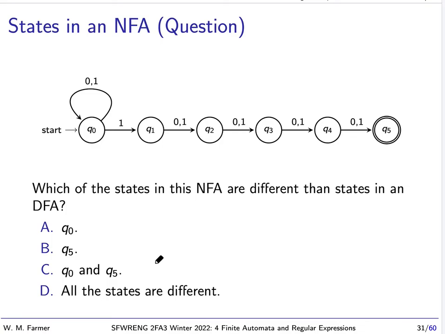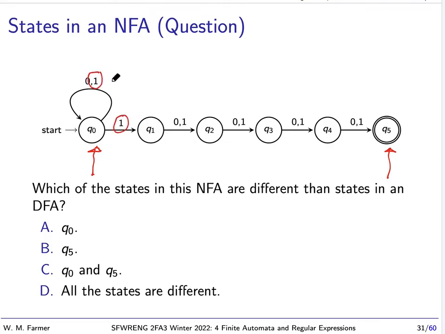Welcome back. Which of these states are different from states in a DFA? The answer is both Q0 and Q5. Q0 is different because it has two transitions for 1: a transition from Q0 to Q1 and a transition from Q0 back to Q0, both with 1.